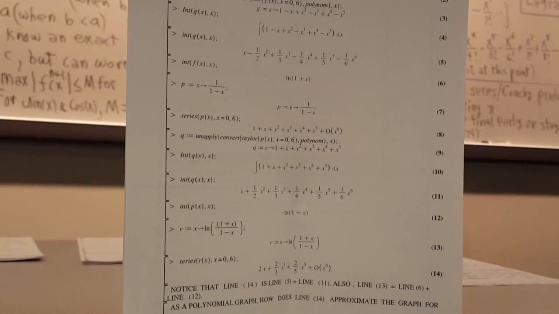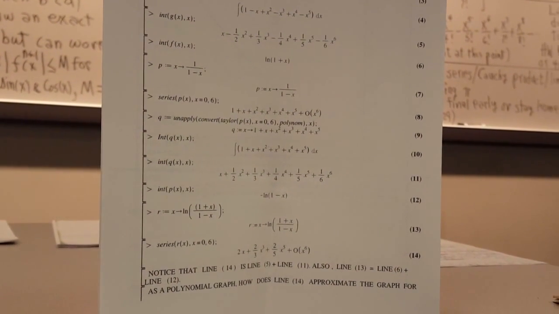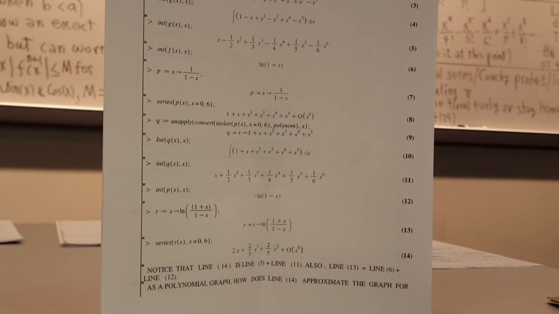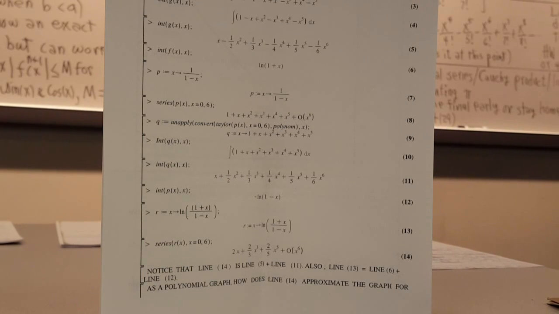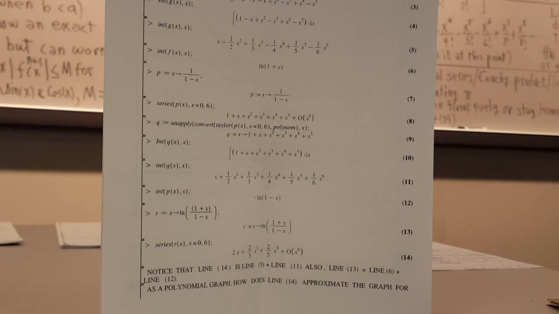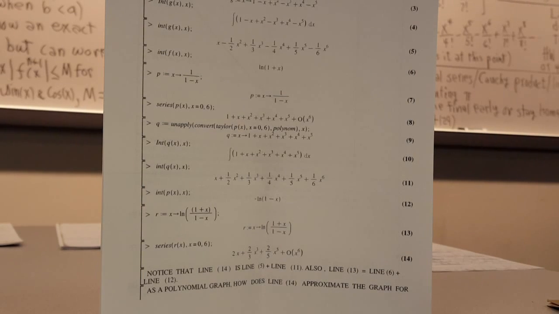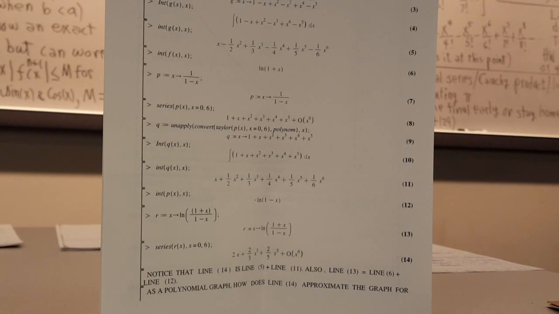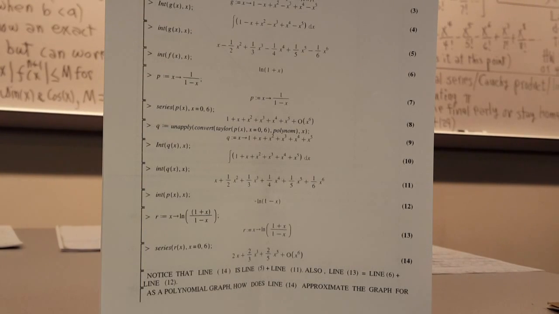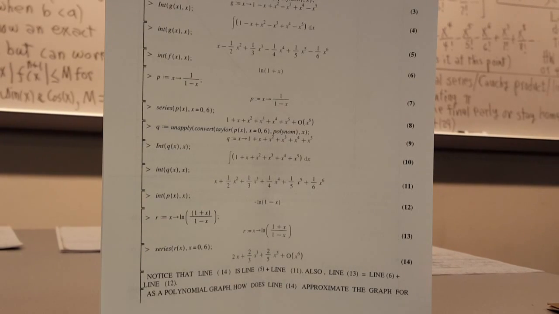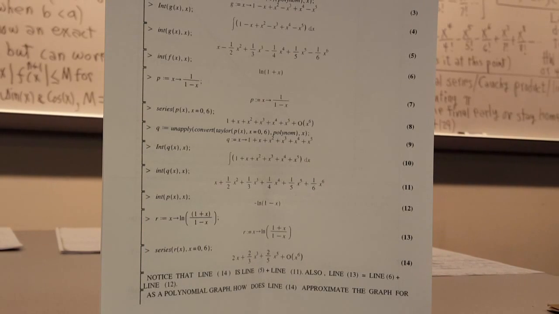And then I am adding, so log of 1 plus x minus log of 1 minus x. The difference of the logs is the log of the quotient. I'm down to line 13. So I have finally, if I add the series, line 14, the series for log of 1 plus x over 1 minus x. See, it has the odd powers of x.